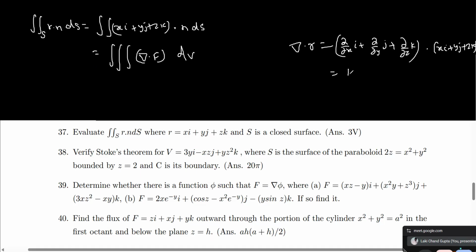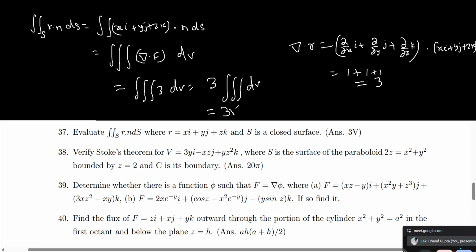When you differentiate, you will get 1 plus 1 plus 1. That is 3. So put here 3 dV. dV is nothing but volume. So 3V, right? 3V is the answer.